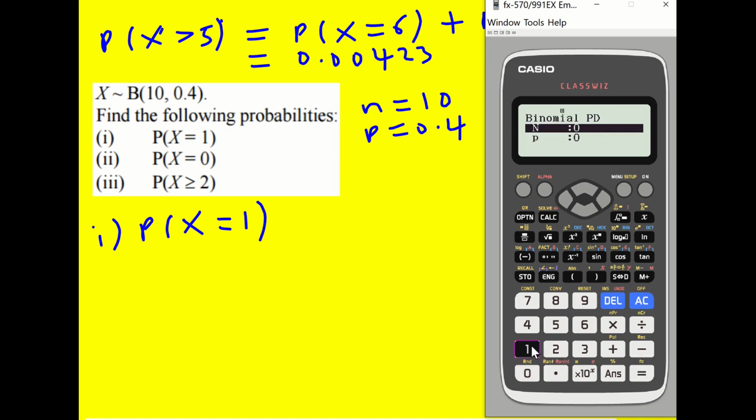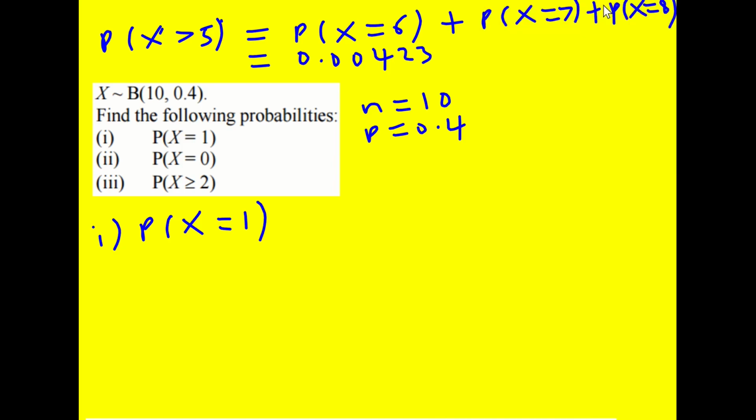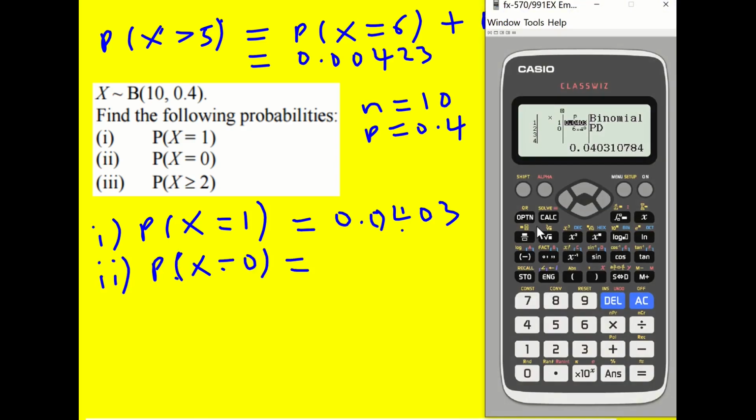And now I've got 10 trials, 0.4, done. Okay, the first one is 0.0403. And then for x equals 0, it's going to be 0.00605.